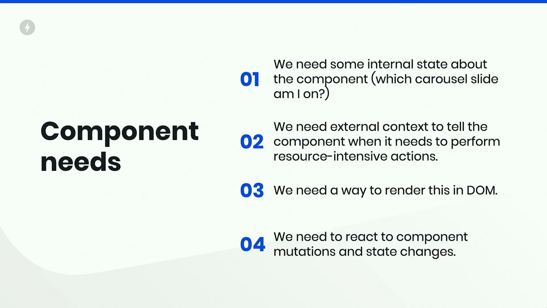We need to have some internal state about the component, like has it been loaded, which carousel slide it's on. We need an external context to tell components when they can perform resource-intensive actions. We need a way to render this all in a DOM, and we need to react to component mutations and state changes.